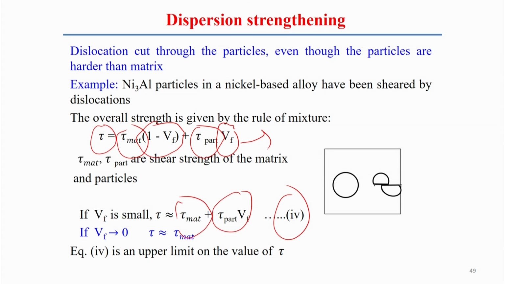Equation 4 is an upper limit of the overall strength level. The figure shows a dislocation and a particle, with the dislocation trying to cut the particle, and based on that we can predict the strength level mathematically using these equations.